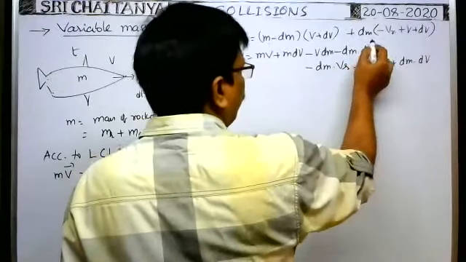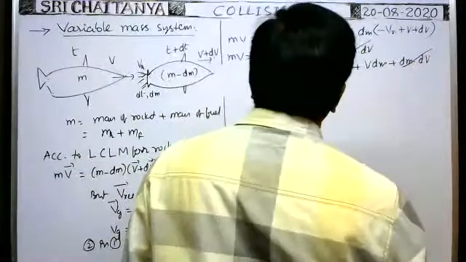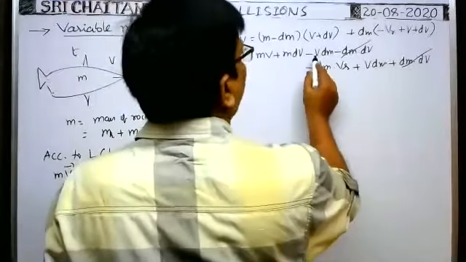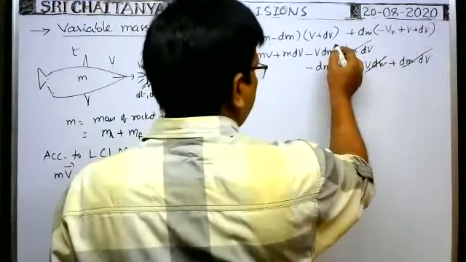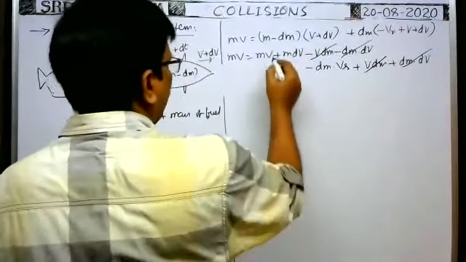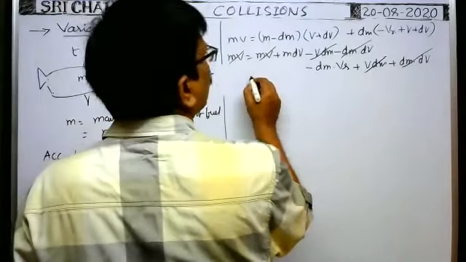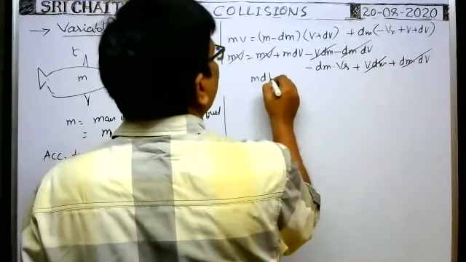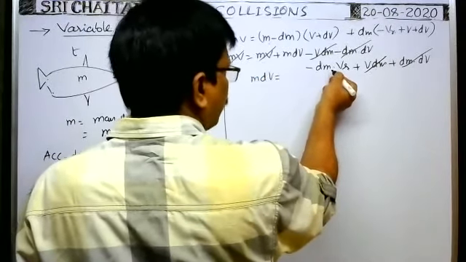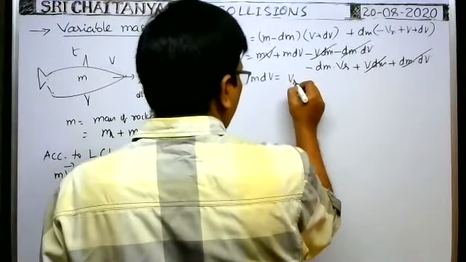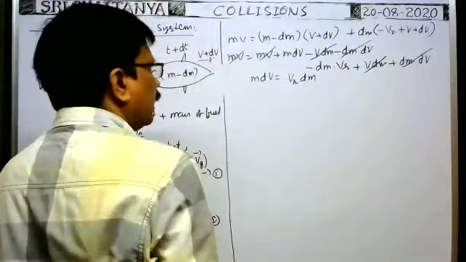Minus dm dV plus dm dV can be cancelled. Minus V dm plus V dm can be cancelled. MV cancels. Then the remaining is M dV is equal to, you bring this minus dm Vr to the left, then it becomes plus. So Vr into dm, you write Vr into dm.